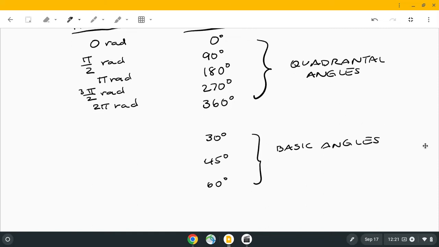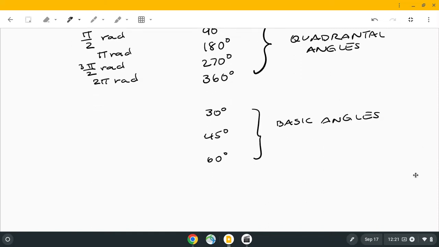Let me draw the circles here so that we don't have to scroll up. We already know that's 0 radians, and this is pi radians, right? So let's take a look at 60 degrees.